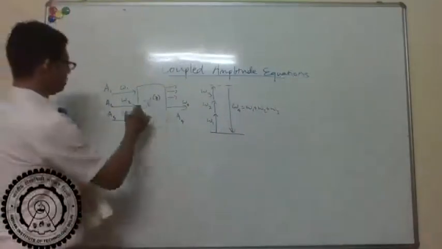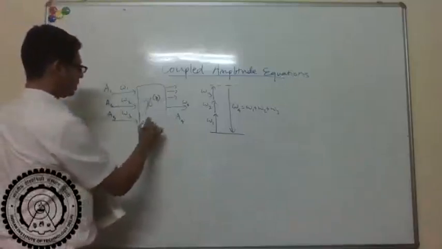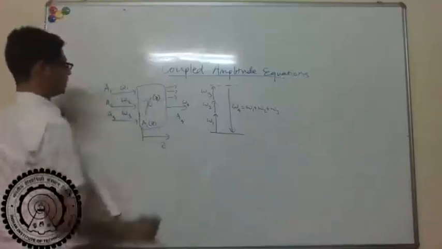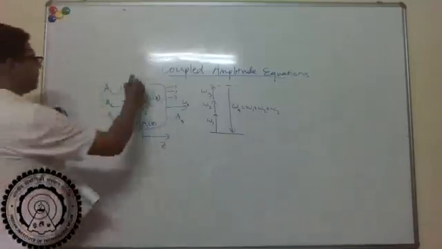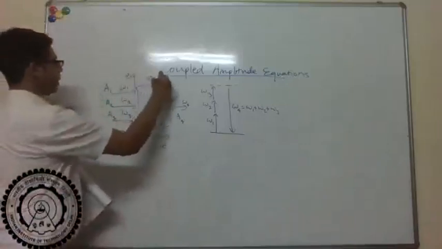Inside the medium, all of these A1, A2, A3, A4 are a function of z, the propagation direction.